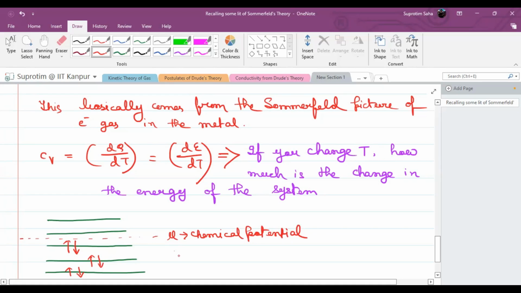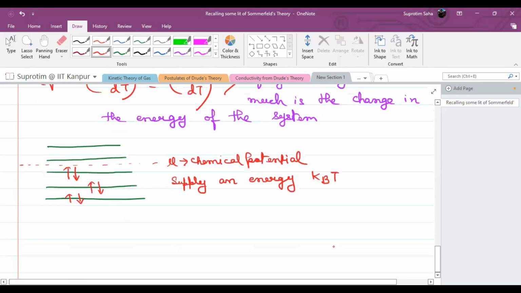All right. So now, if you supply an energy kBT, that means you increase the temperature of the system. Then the uppermost electrons, on the superficial level in the energy space, will tend to move into the higher energy levels.